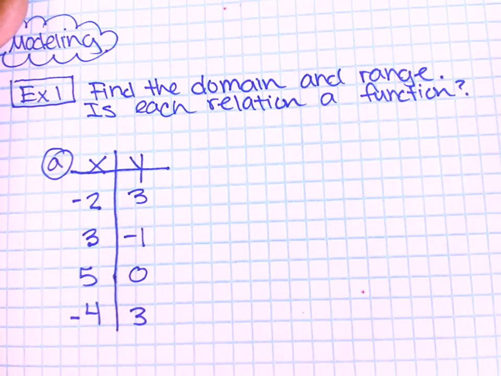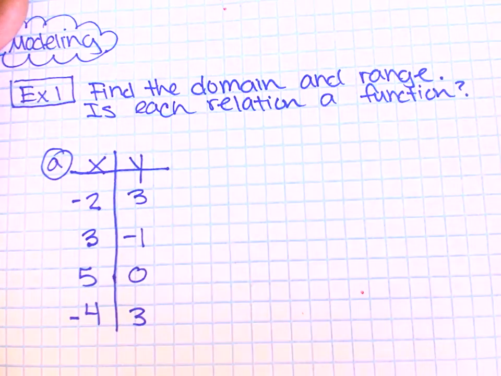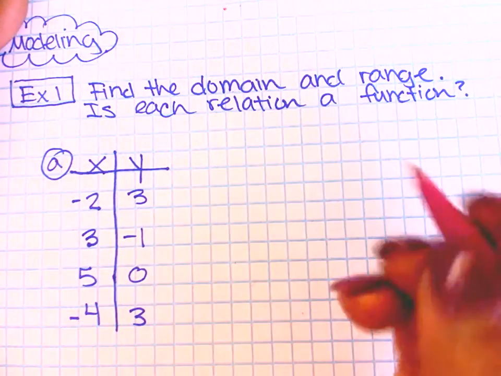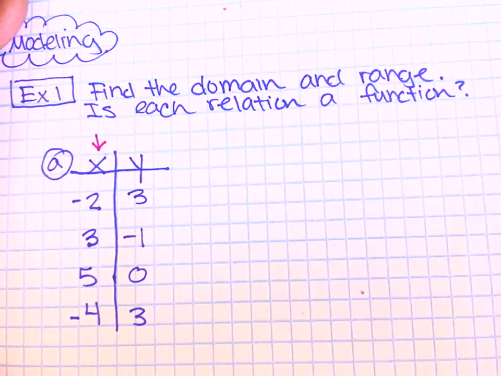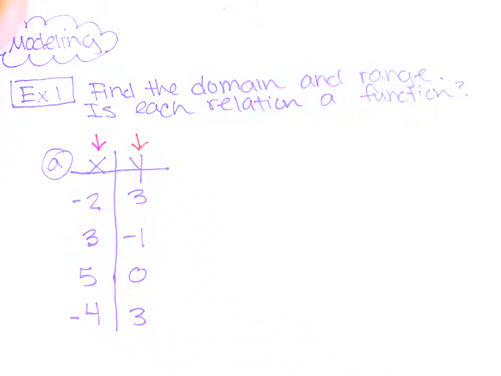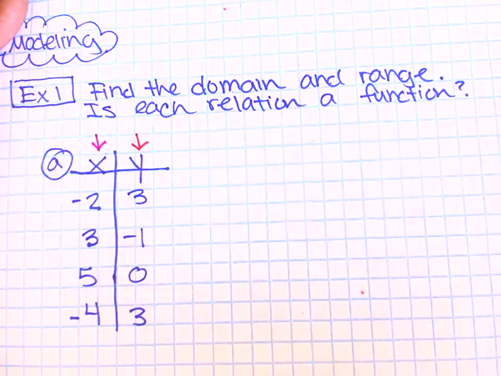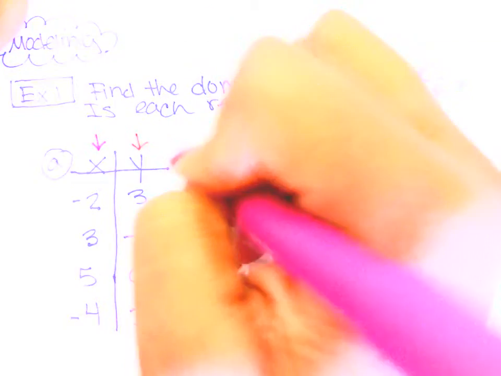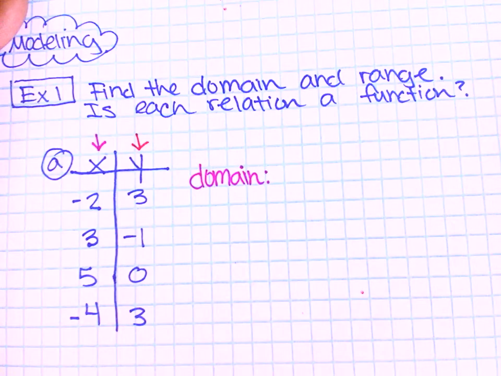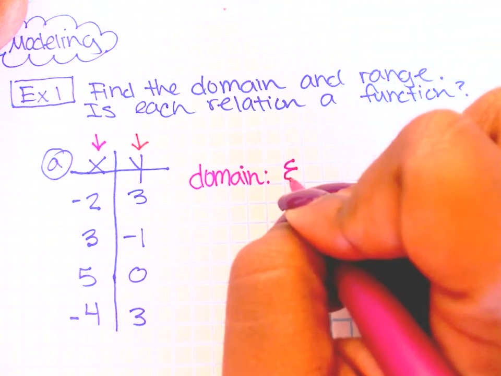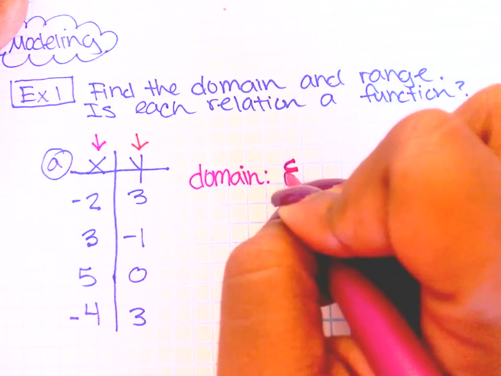Now the question asks us to find the domain and the range, okay? So I know my domain are my X's, and my range are my Y's. Okay, so I'm going to write my domains first, so go ahead and write the word domain. Just like that. And we're going to put our set little bubble in there.